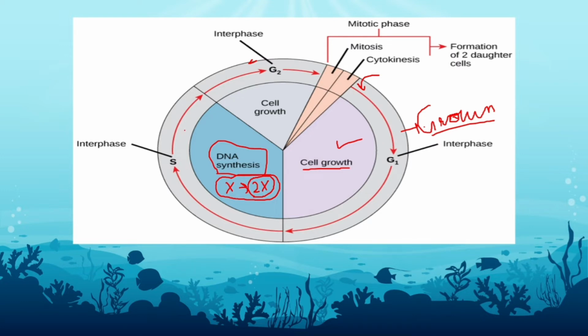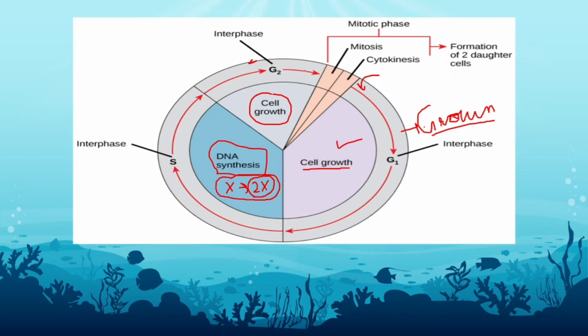Then the G2 phase comes after the S phase, that is cell growth. After the DNA is replicated, the cell starts growing again, or starts preparing itself for the next stage, the mitotic phase.